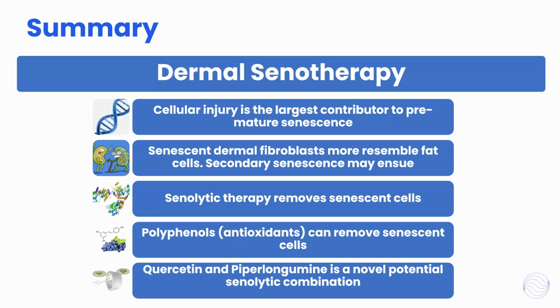It should be a word that is talked about daily in clinics: senotherapy, removing senescent cells, undergoing treatment to remove senescent cells. Fortunately, polyphenols and antioxidants can remove senescent cells, and we propose, along with the scientific literature, that quercetin and piperlongumine are a novel potential senolytic combination.